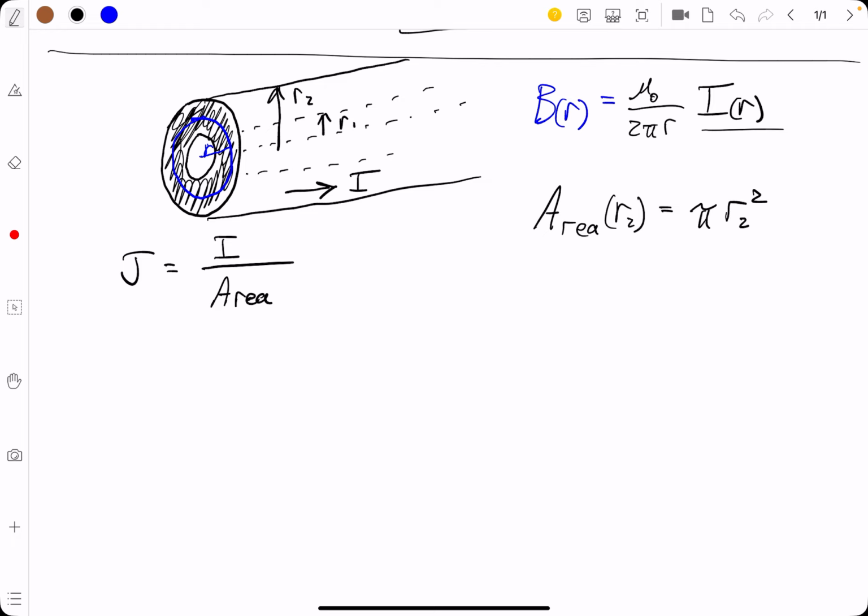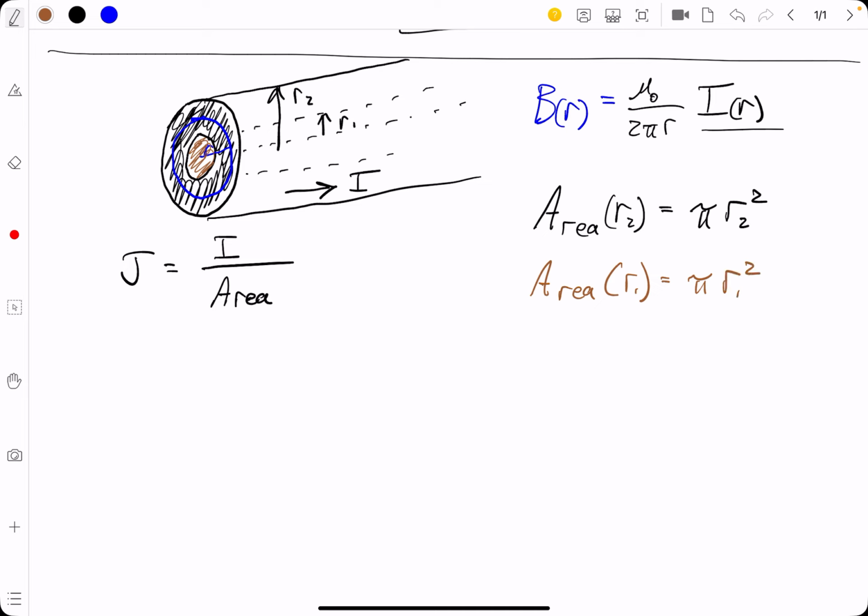Okay, but that includes this section in the middle, okay? That includes this bit. We don't want to include that bit, so we have to get rid of that bit. So we're going to do R1 as pi R1 squared.